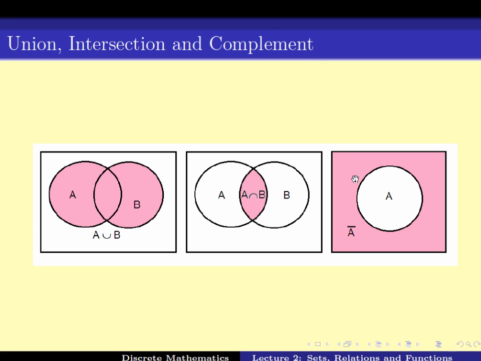And A complement is the pink area in the third picture. This is what we call a Venn diagram, and we use this form of diagram a lot. Since it gives a pictorial view, it helps us think in a slightly easier way.